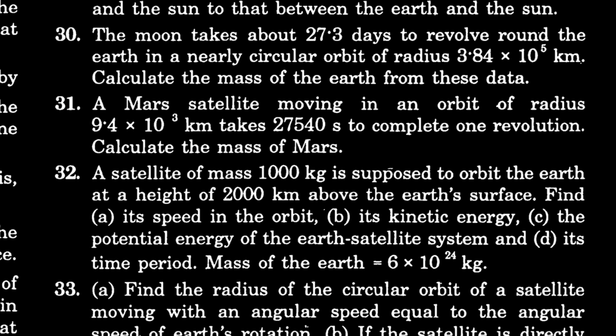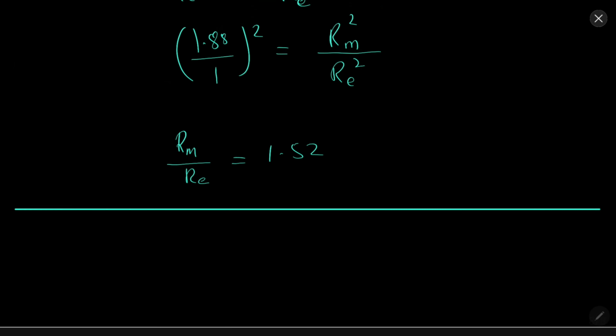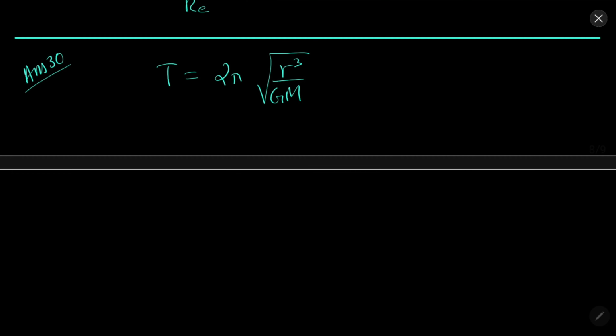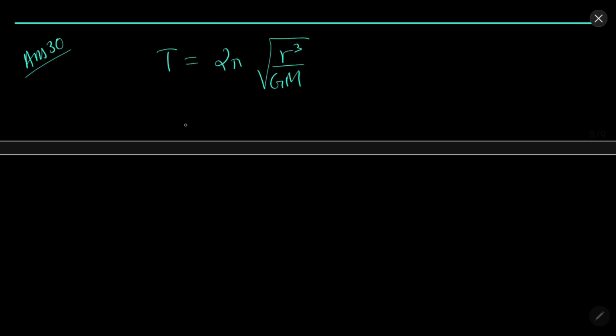In question 30, the moon takes about 27.3 days to revolve. We need to calculate the mass of Earth from this data. So the solution 30, T is 2 pi root r cube over GM. So M will be T square over 4 pi square into g over r cube.